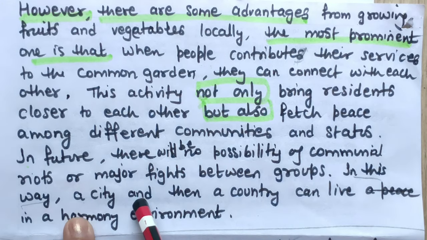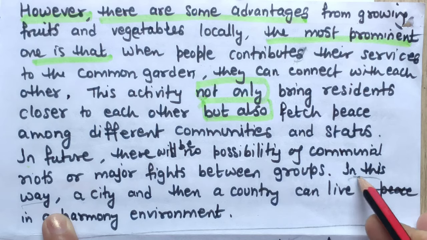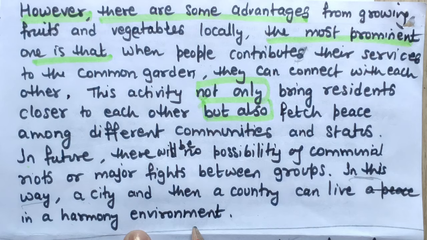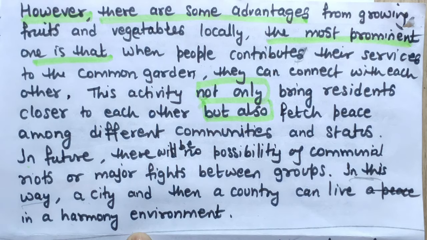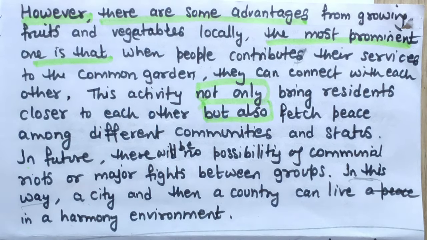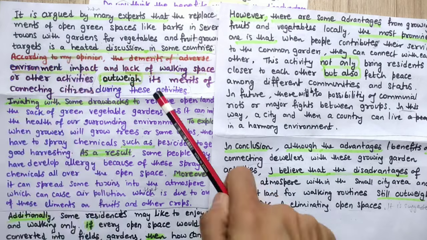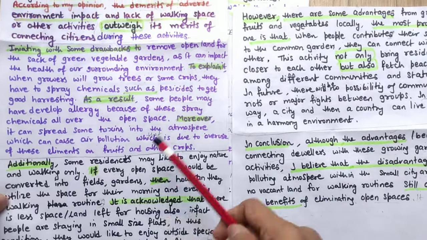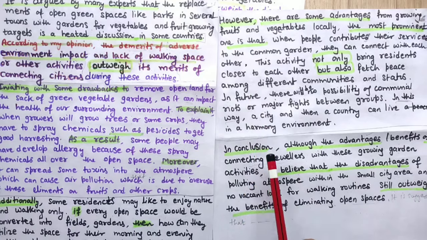In this way, this is also connected actually. In this way means result, a city and then a country can live in a harmonious environment. So this is advantage. This is the full essay: introduction, body paragraph 1, body paragraph 2, and advantages and conclusion.